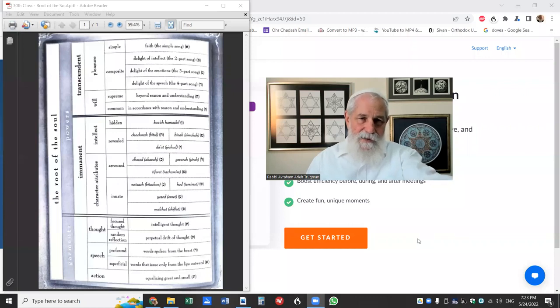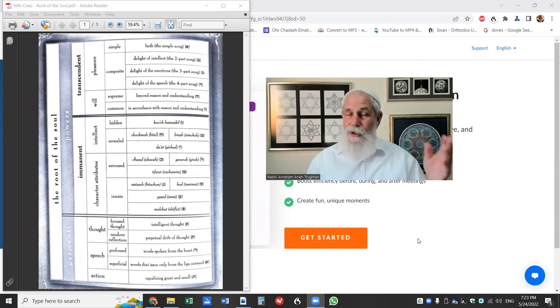So you'll see under faith in the right-hand column, there's a type of delight of the intellect, there's a delight of the emotions, and here there's a delight of speech. So these are different types of pleasure we get. We get pleasure when learning Torah.